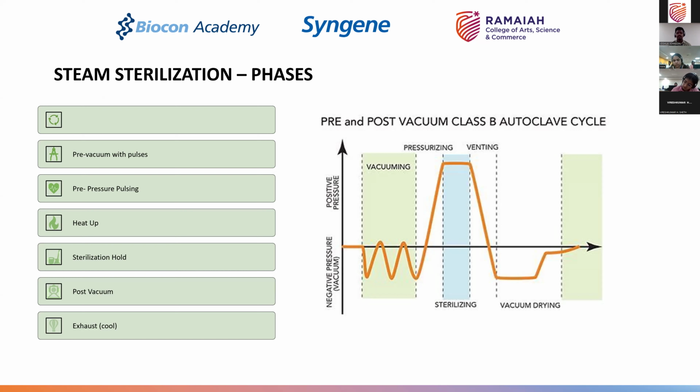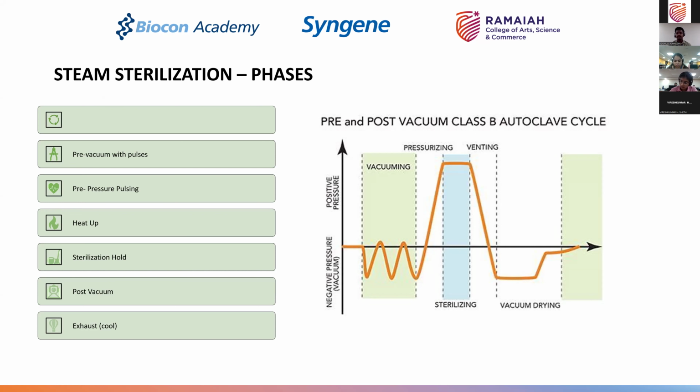But if there was air present inside the chamber, the entire chamber is not filled with steam. There is a presence of air which is causing an issue: it has also gone to 121 degrees centigrade by virtue of coming in contact with the steam and getting heated up. But that air is free from moisture.